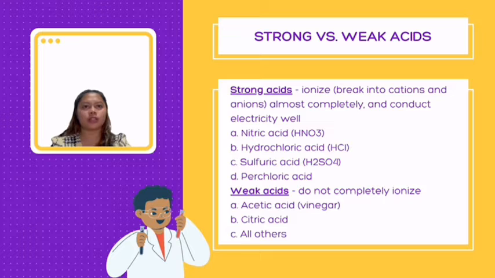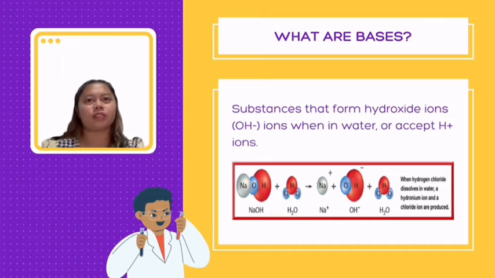Examples of weak acids: A. Acetic acid with chemical formula of CH3COOH. B. Citric acid with chemical formula of C6H8O7. What are bases? Substances that form hydroxide ions, OH negative ions, when in water or accept H positive ions.